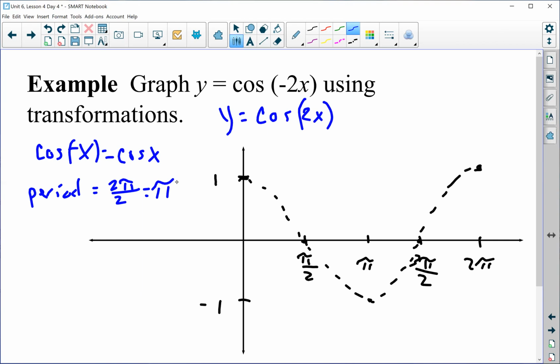So we're going to finish our graph when we get to pi. So we'll actually be able to draw 2 graphs of this function. Everything moves in halfway, and then it repeats itself.